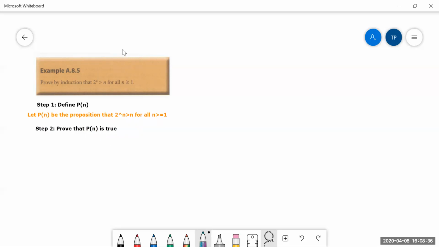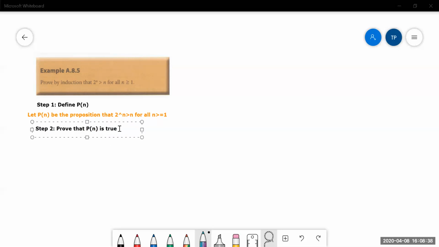Okay. Look at that, P1 is true for n equals to 1, right? Then how are we going to show this?